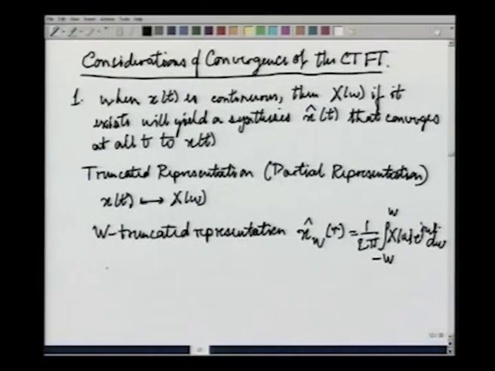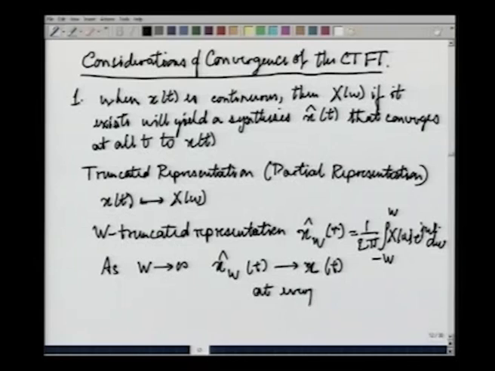Now, what we are saying is, as W goes to infinity, x hat W of t tends to x of t at every t if x(t) is continuous.